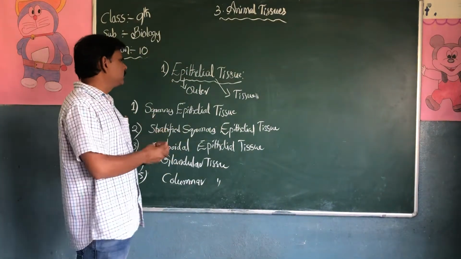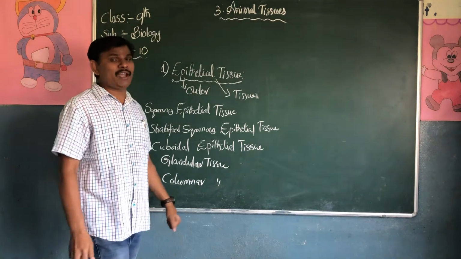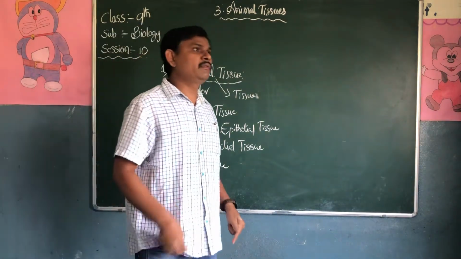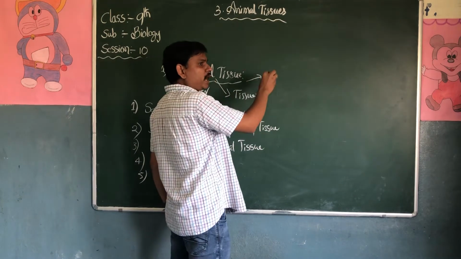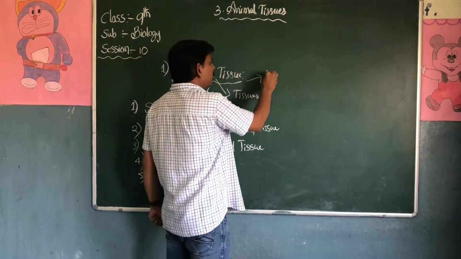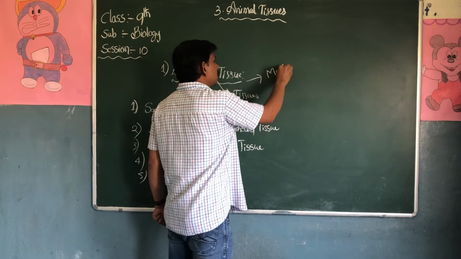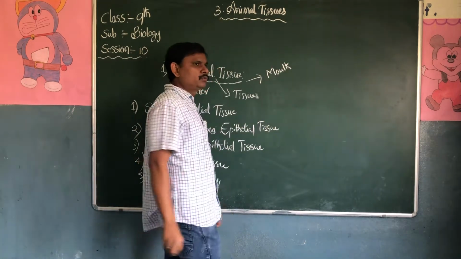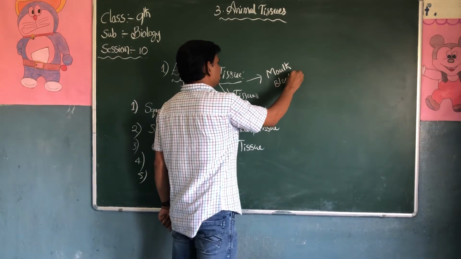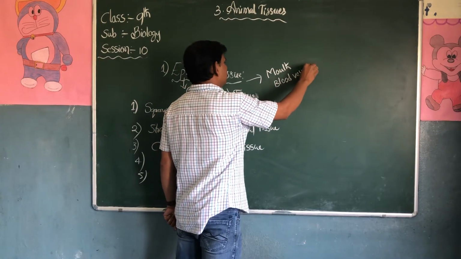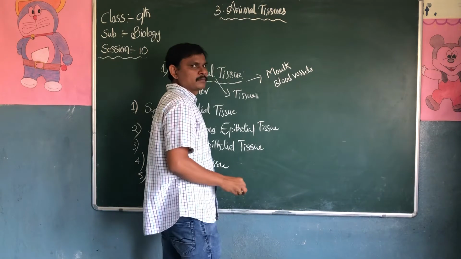Where can we see squamous epithelial tissues? They are found in the inner lining of the mouth, the inner lining of blood vessels, and also in the alveoli.